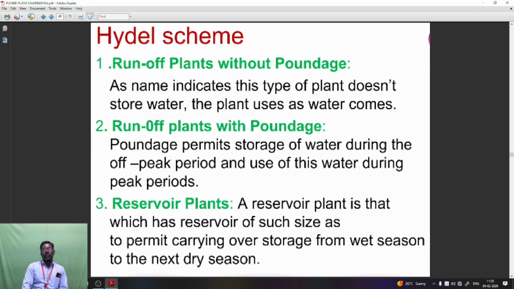Poundage permits storage of water during the off-peak period and use of this water during peak periods. Reservoir plants. A reservoir plant has a reservoir of such size as to permit carrying over storage from the wet season to the next dry season.